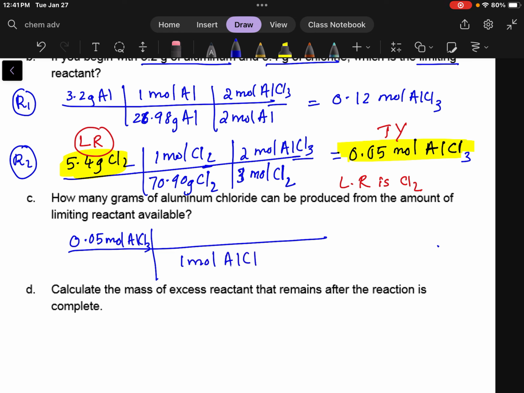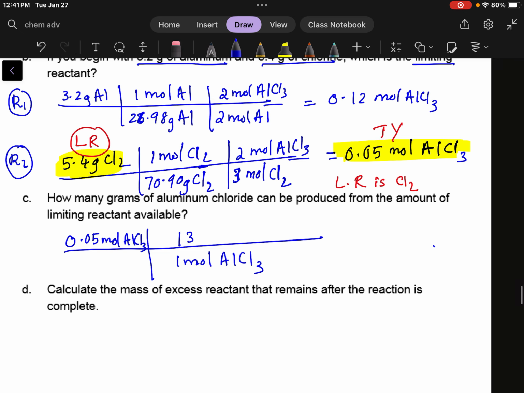Find it. 1 mole of aluminum chloride is equal to how many grams? 133.33 gram, I believe. Just check it. Then you will get the answer.